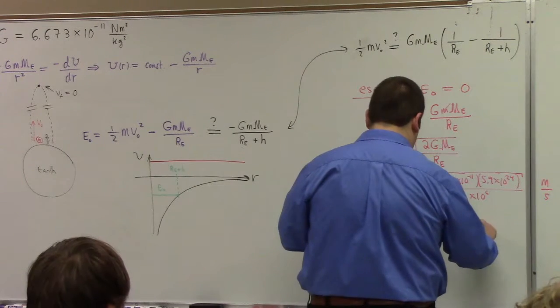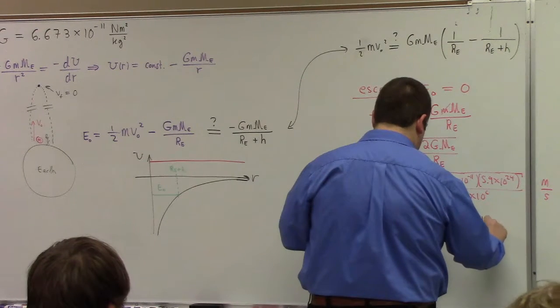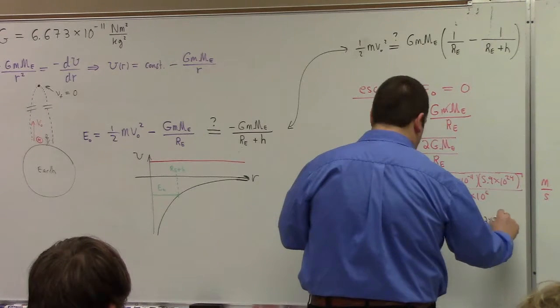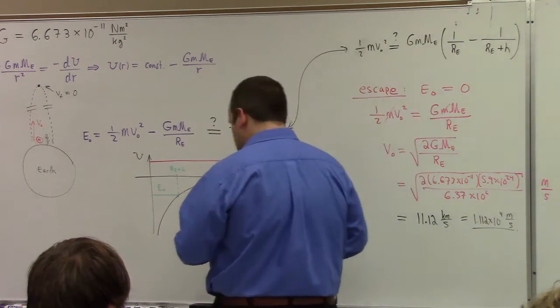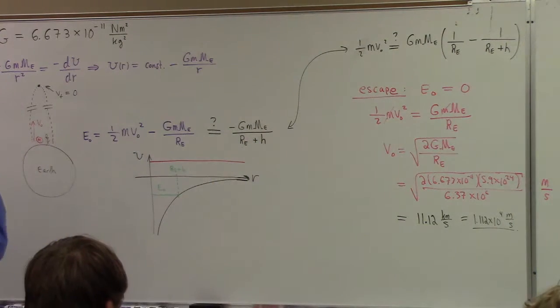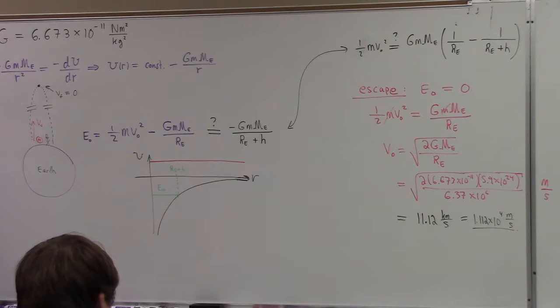Or if you like, 1.112 times 10 to the fourth meters per second. Yeah, it's kind of moving. How many miles per hour is that? That's kind of what I think in. If I divide by 1609, that gives me the number of miles per second.